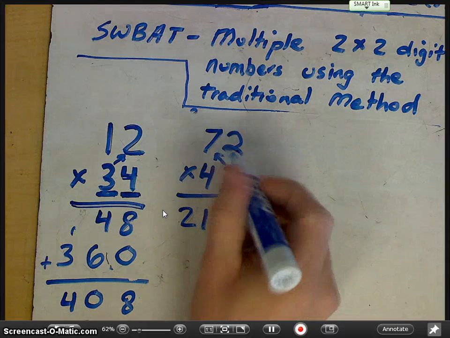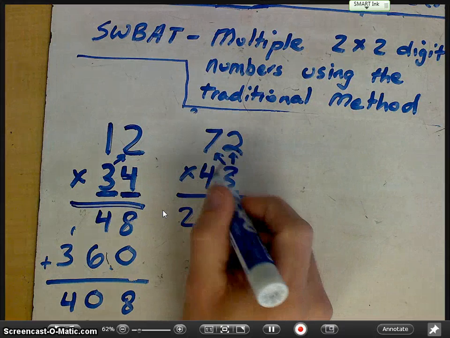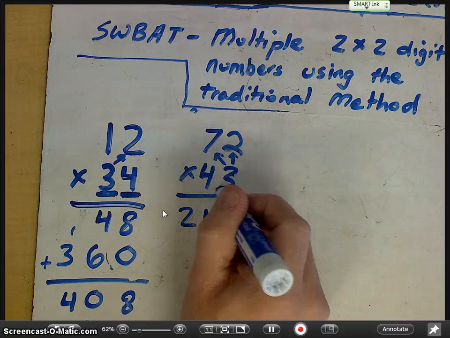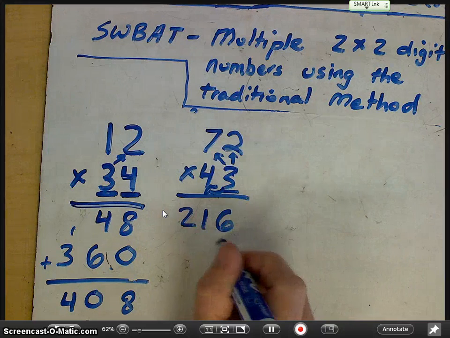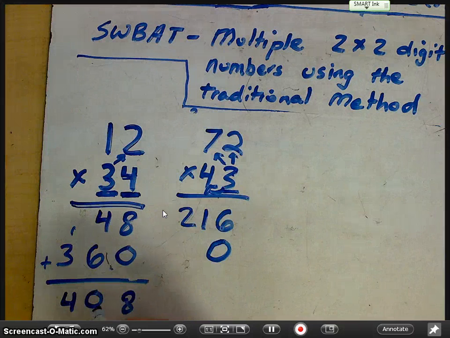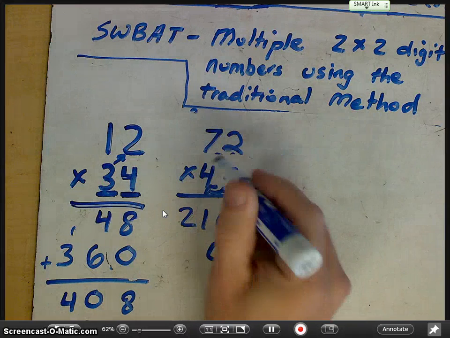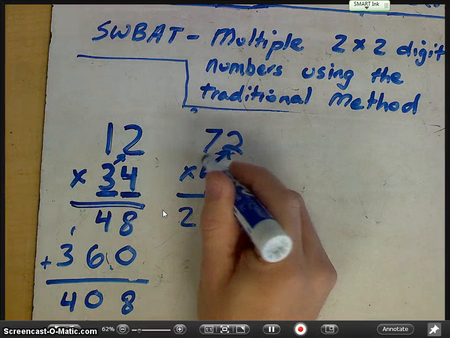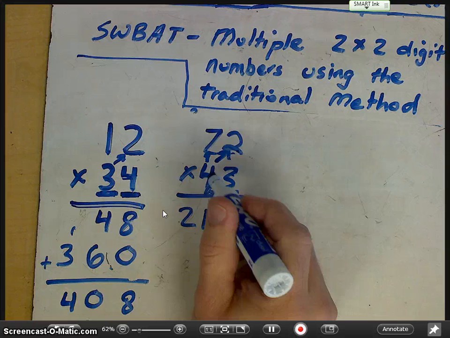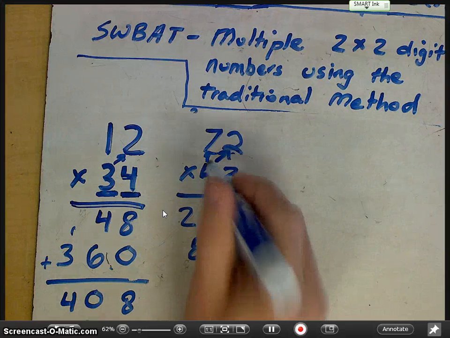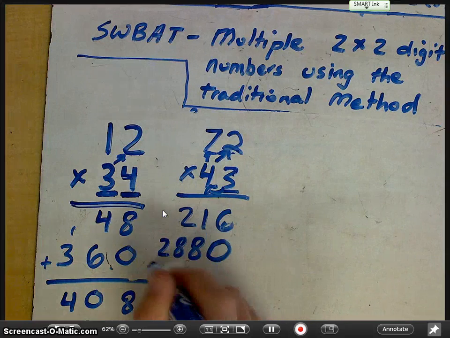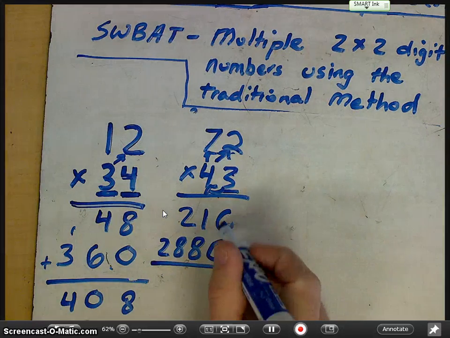So I just did 72 times 3. Now I'm going to do 72 times 40. So the first thing we do, since I'm moving 1 spot over, I'm going to put a 0 there. And now I'm going to do 4 times 2 and 4 times 7. So 4 times 2 is 8, and 4 times 7 is 28. And now that I got these 2 rows, I'm going to add them together.